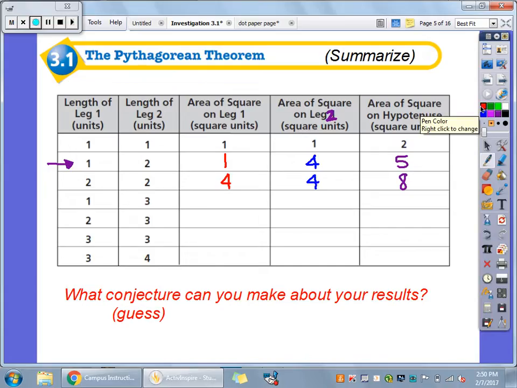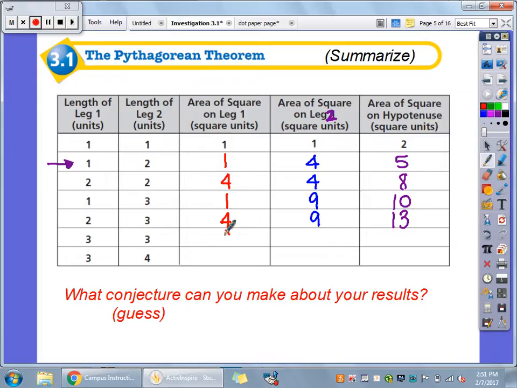Okay. For the next triangle, you should have gotten an area of 1, an area of 9, and an area of 13. For the next one, you should have gotten an area of 4, an area of 9. Oh, I'm sorry, this previous one was not 13, that should have been 10. My mistake, sorry. And this one should be 13.